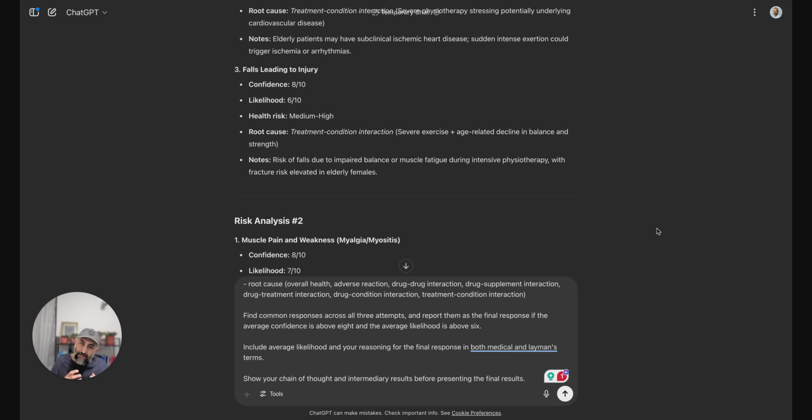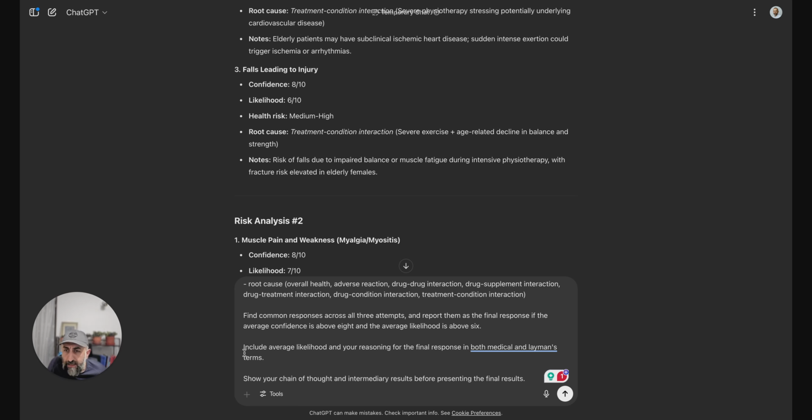I also ask the model to get back to me with the risk if the likelihood of risk is above 6, which means the potential of occurrence is considerable, then report it to me. This is just my choice.